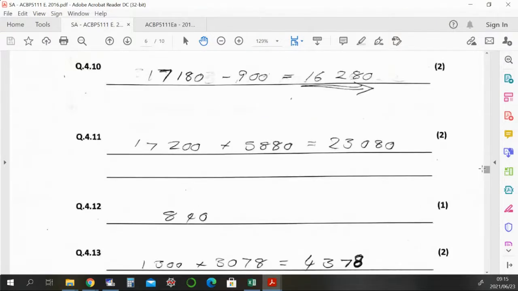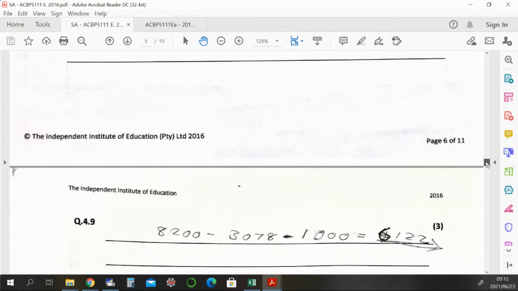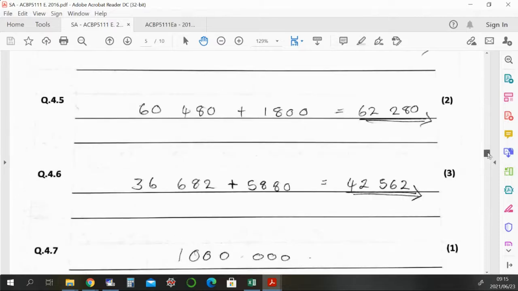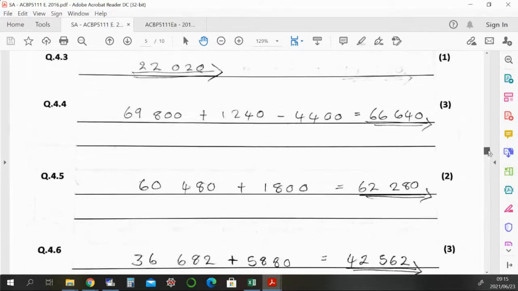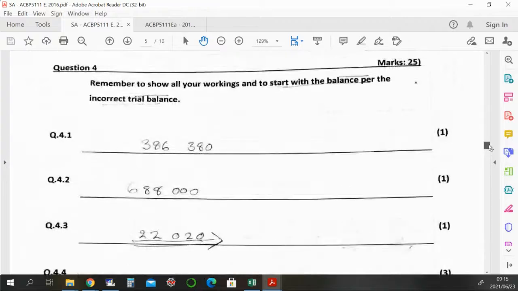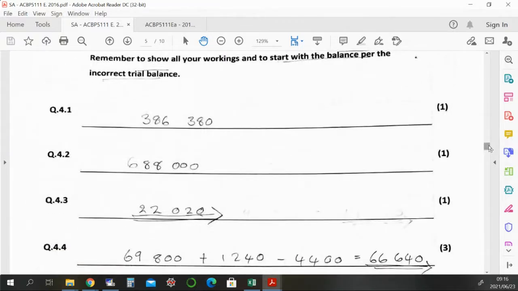Right, so it's a bit tricky now because it's a question of, do we go and adjust the discount received account? This is what I would suggest. Since in your answer booklet, they didn't give you a trial balance reconciliation statement like they did in the question paper.